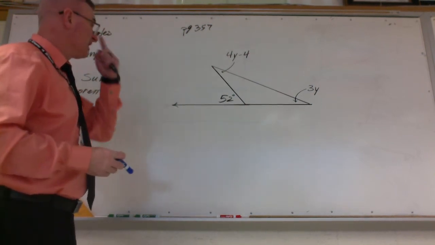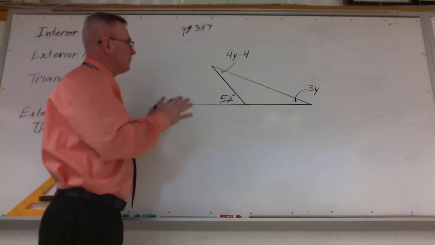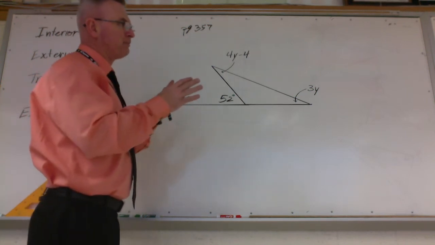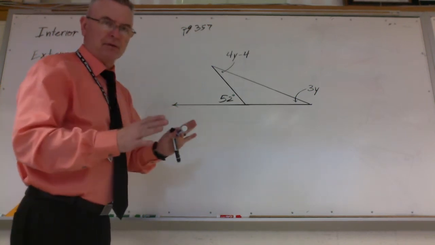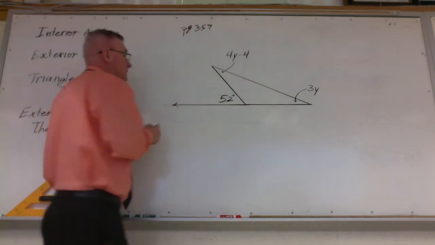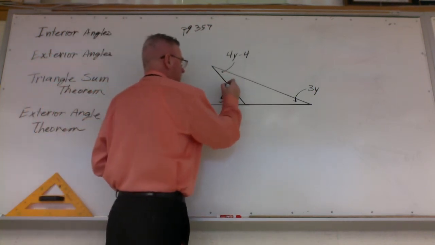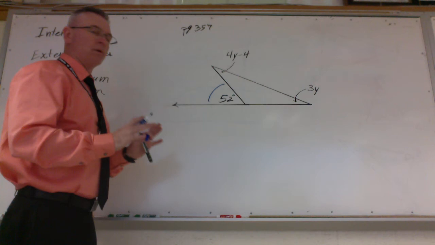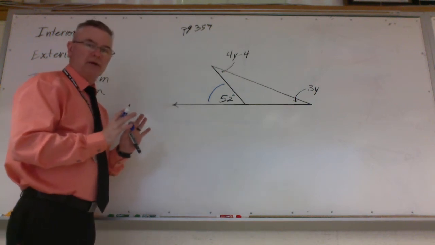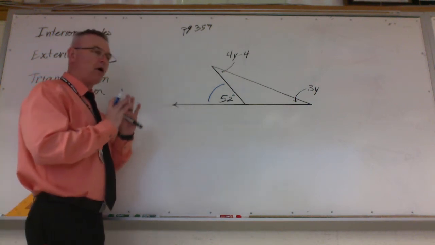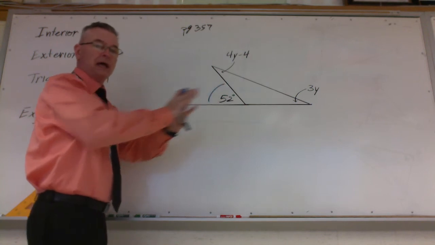The exterior angle theorem states that this angle out here is equal to the other two angles in the triangle that are remote angles.